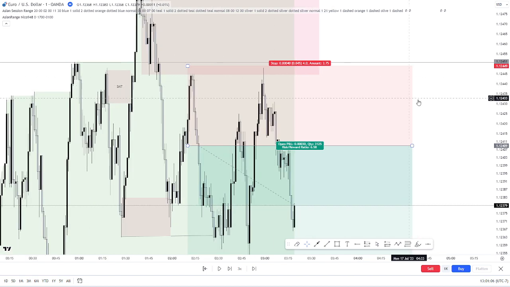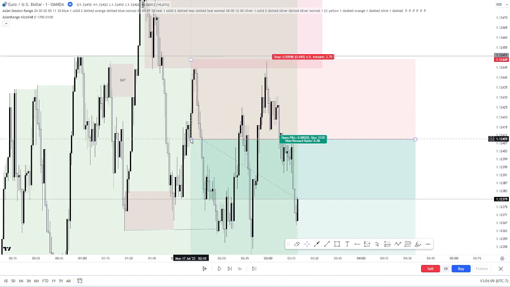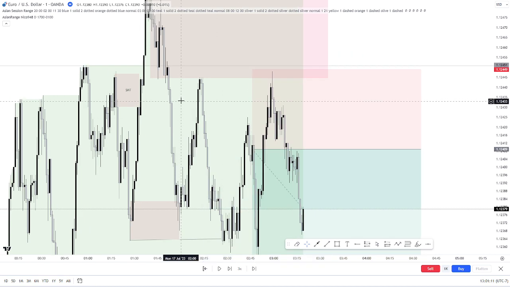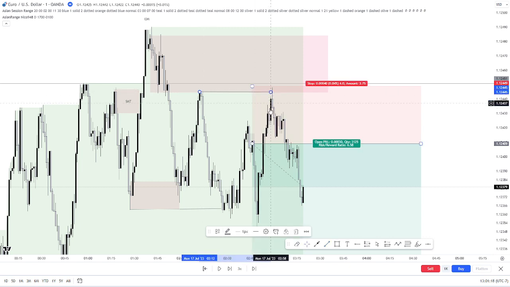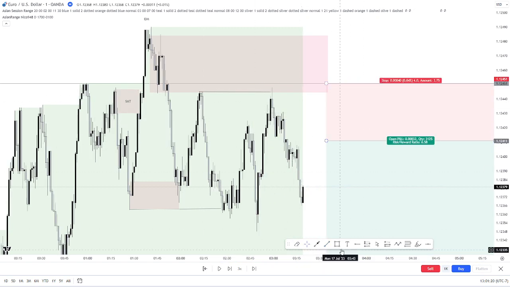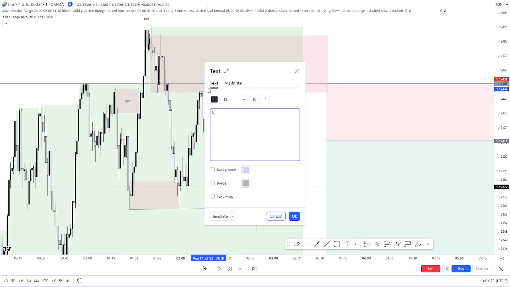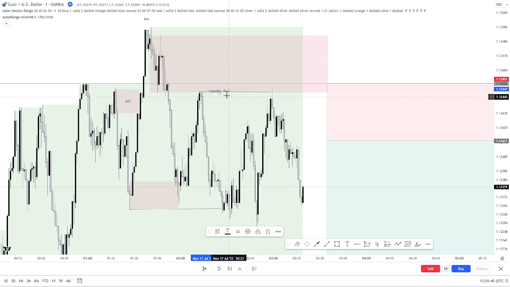So yeah, you can see here, basically we were close to getting stopped out. And it makes sense because what happened is we created this liquidity pool here. Right, so we had a liquidity pool being printed.